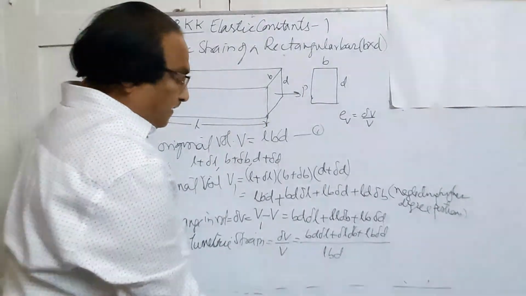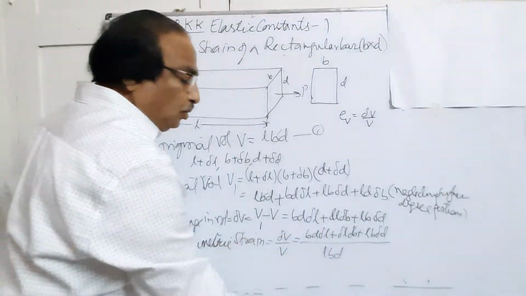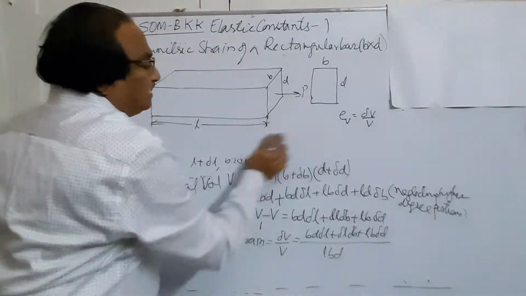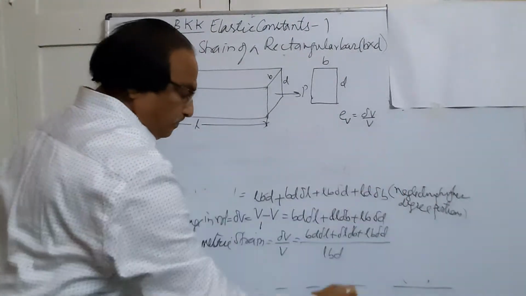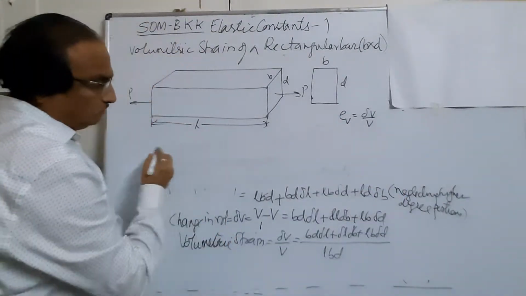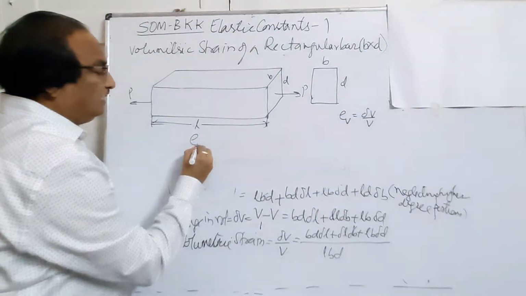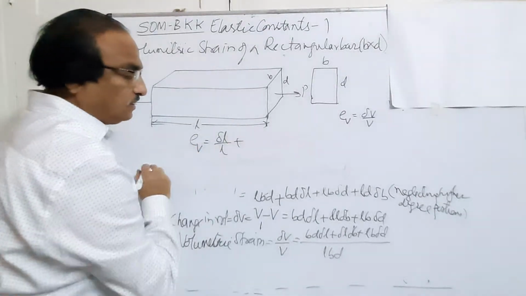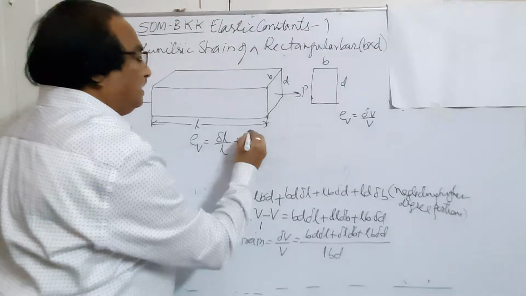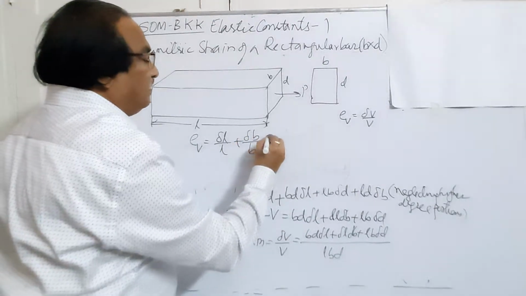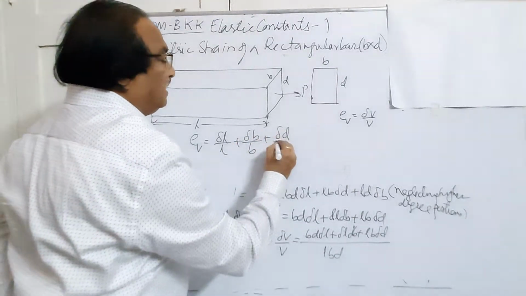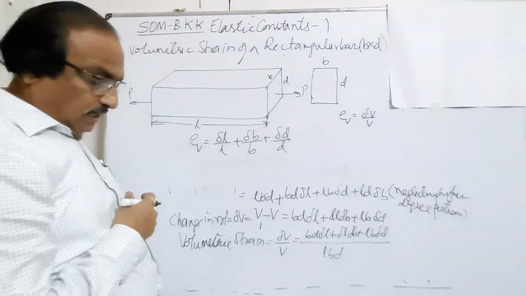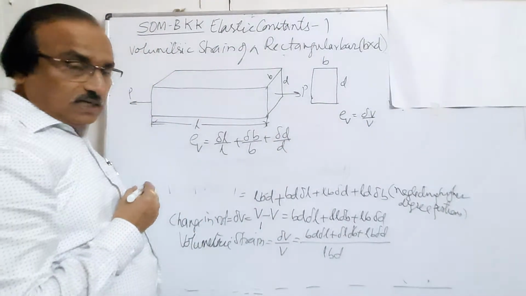If I separate out the terms, you get the volumetric strain EV equal to delta L by L plus delta B by B plus delta D by D.